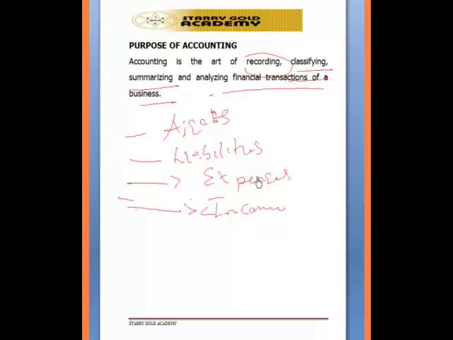The transactions are then recorded in books of original entry. Thereafter, the transactions are analyzed. So after we have classified and summarized the transactions, we go further to analyze them and post to accounts in the ledger. Of course, we get to know the ledger.